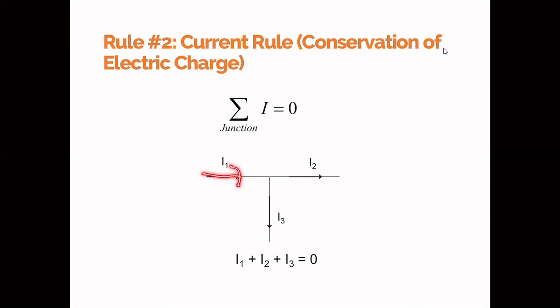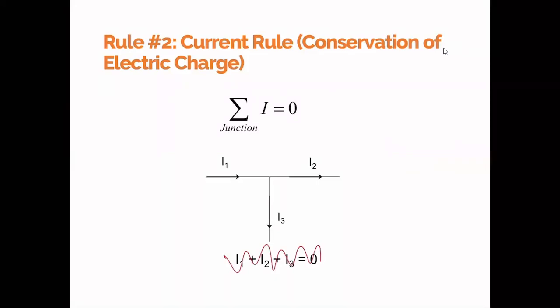So, ibig sabihin, yung lalabas sa kanya, mali yung diagram. Okay. Mali to ha. So, dapat yan is I1 is equal to I2 plus I3. Okay? Or I1 minus I2 minus I3 is equal to 0.